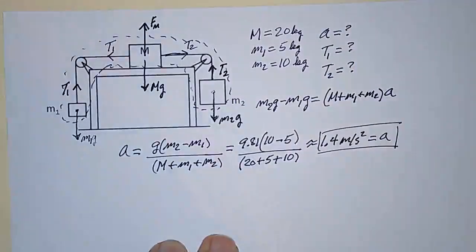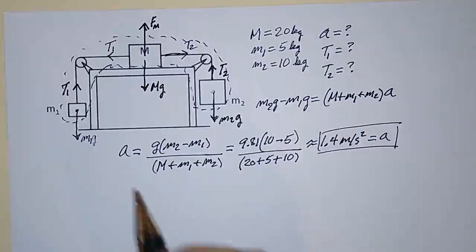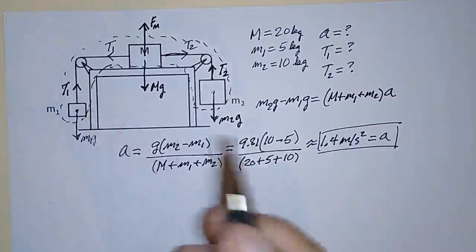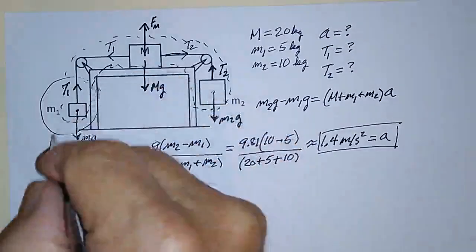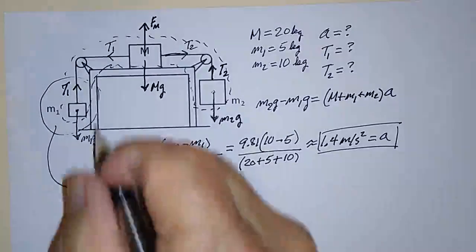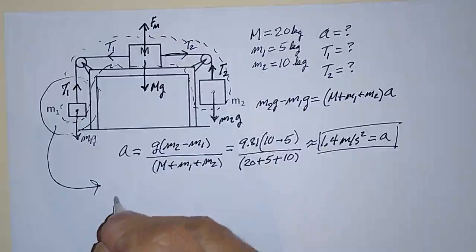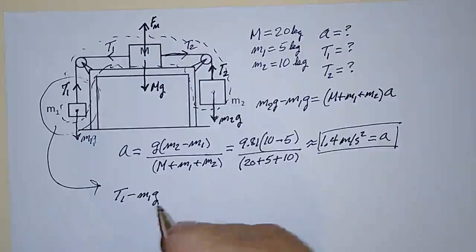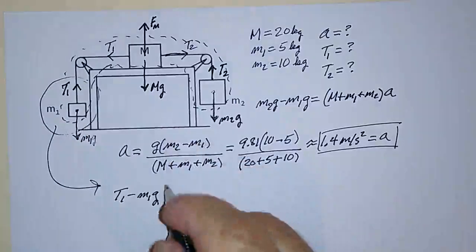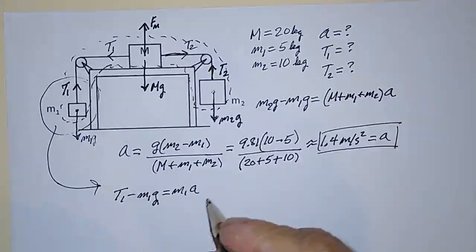All right, how about the tensions, T1 and T2? That's pretty easy, because now that we know the acceleration, if we want to find T1, we just write an equation for this mass. Since T1 is bigger than m1g, T1 minus m1g, the net force acting on this mass, is equal to m1 times a.